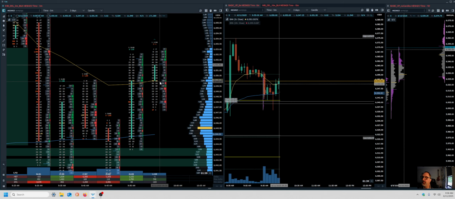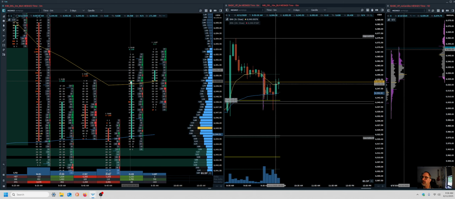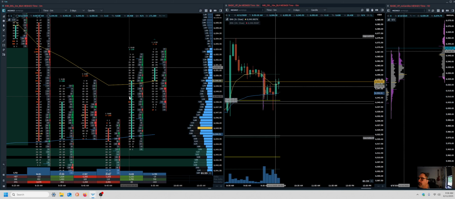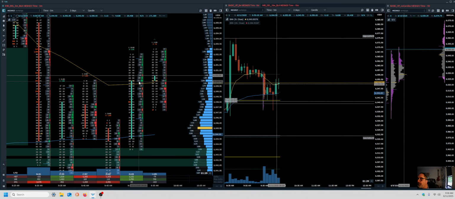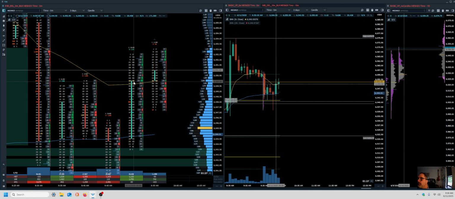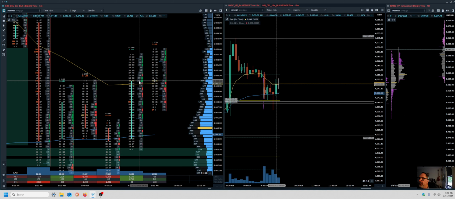Point of control is pretty much the same with positive delta, meaning on the bid, which is the sellers, or let's say the ask, gives us a positive, not to be confused with a level 2 or reading the dome.